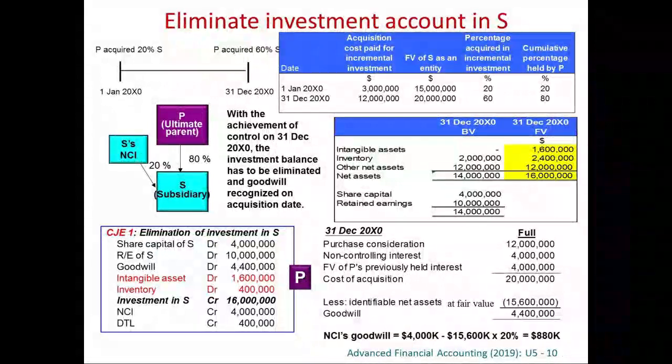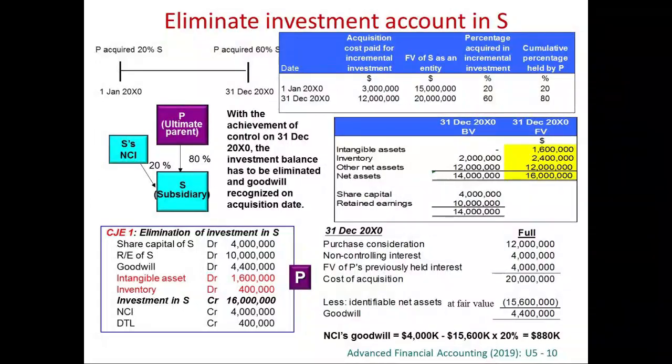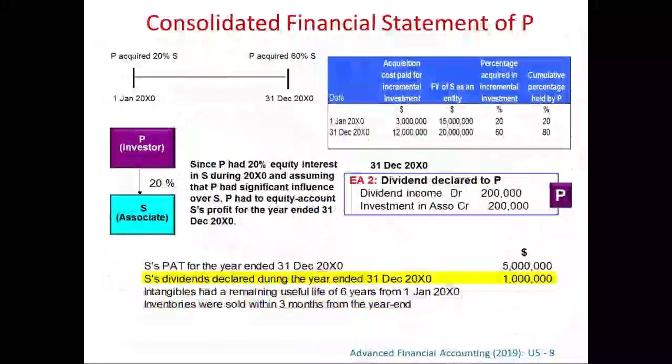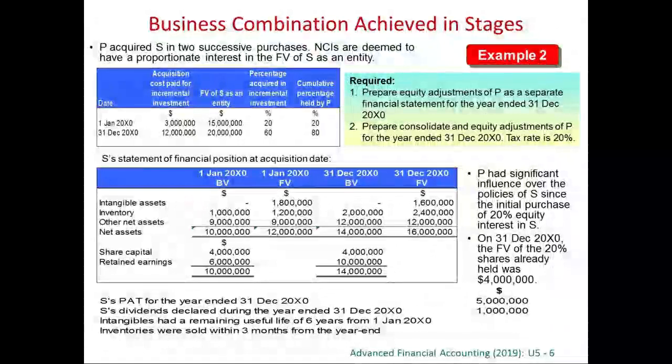Higher fair value will attract deferred tax liability. Therefore, we got a deferred tax liability 400,000. Right? 20% tax rate. Where do you find the tax rate? The tax rate is here. Right? Tax rate is 20%.